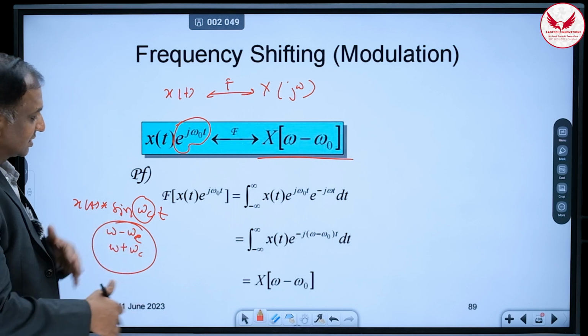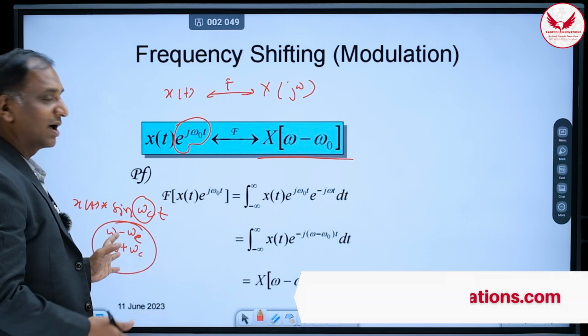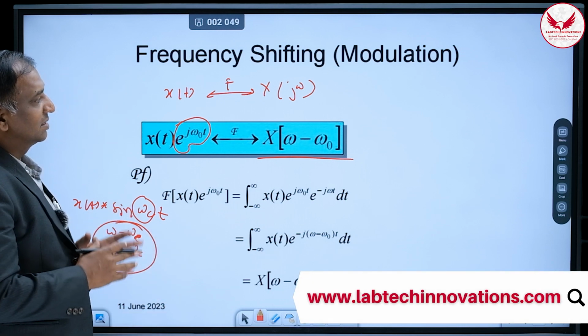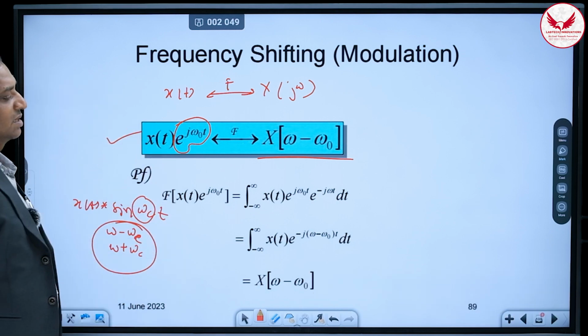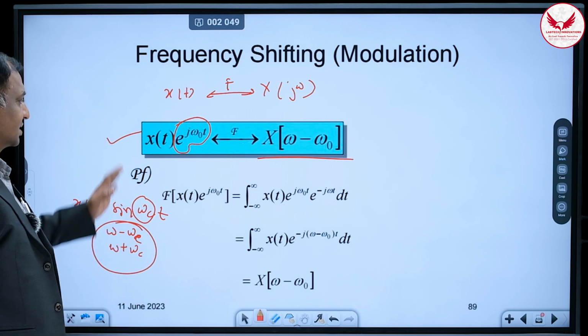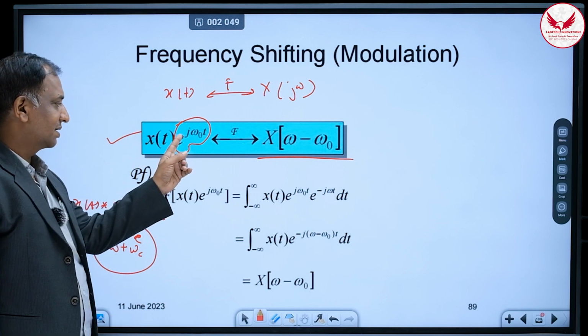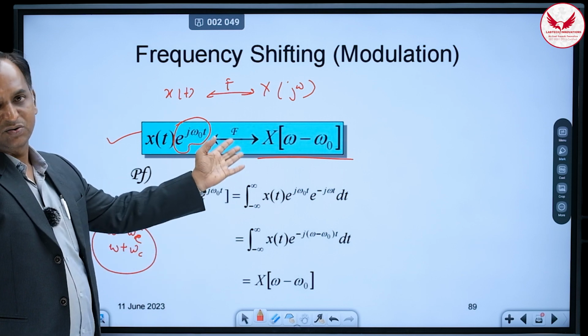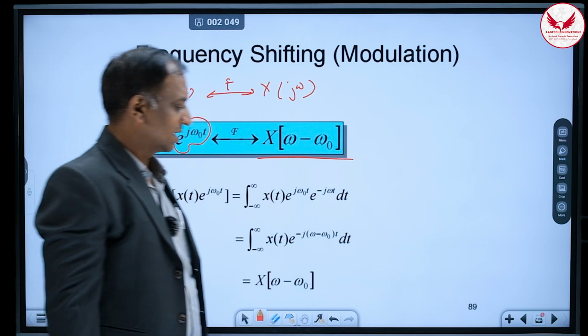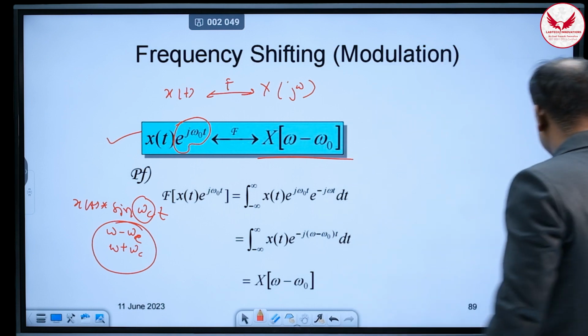The low frequency signal is boosted to a high frequency signal, and accordingly the modulation takes place. Therefore, this particular property is called the modulation property. Once again, if the signal is multiplied in the time domain by e raised to j omega 0 t, it is equivalent to a shift in the frequency, which is called the frequency shifting property.